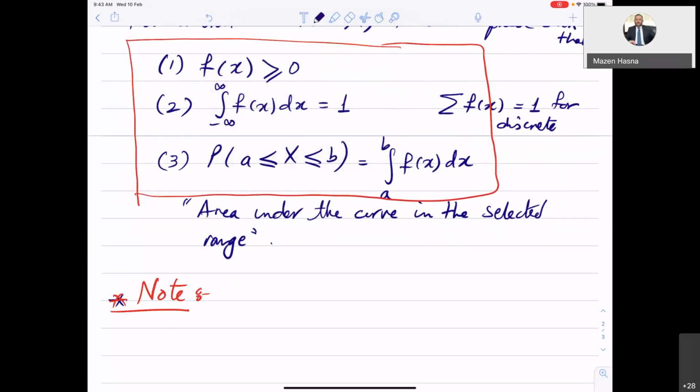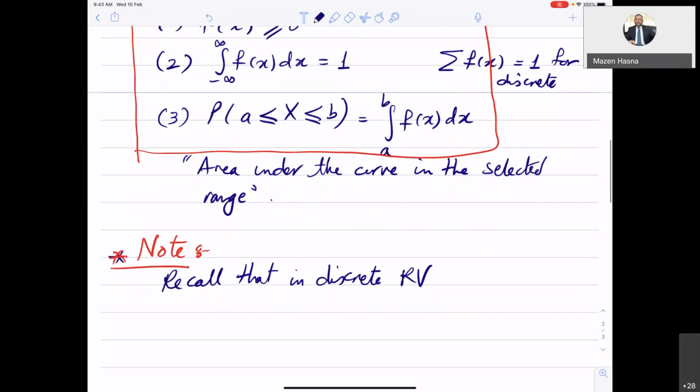If you recall, in discrete random variables, what was small f of x? How did we define f of x in the discrete domain?